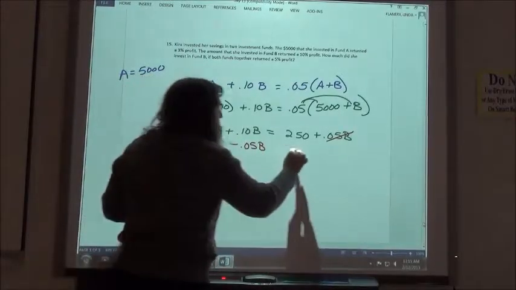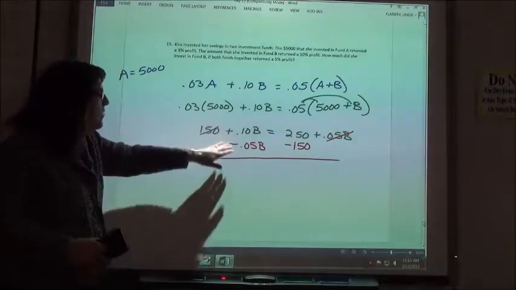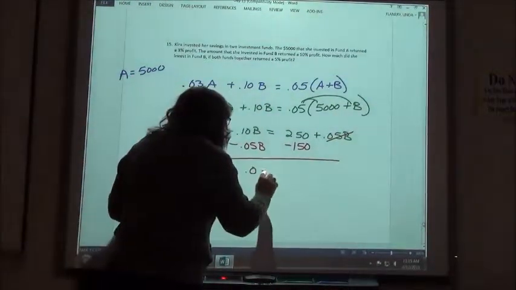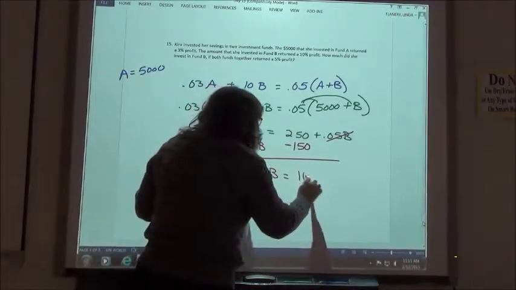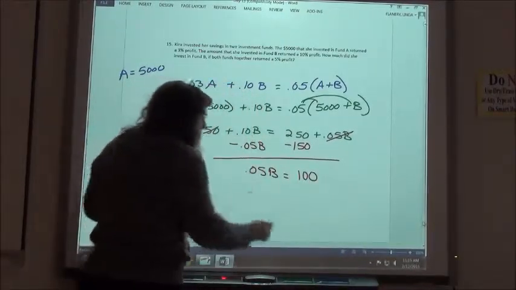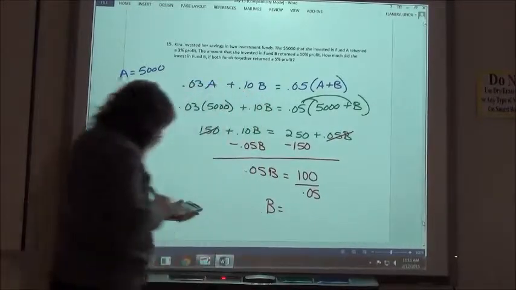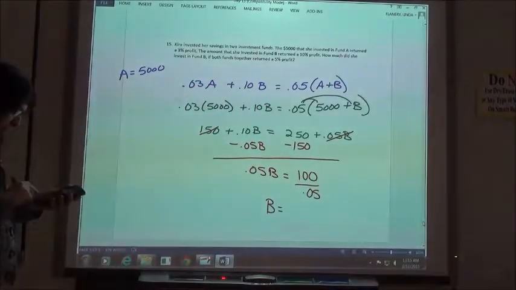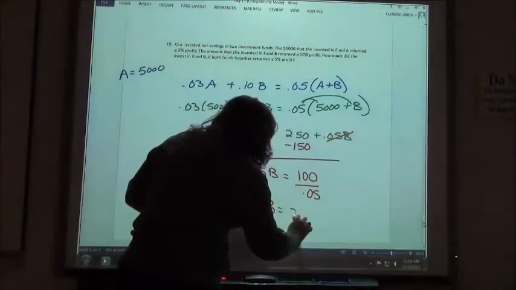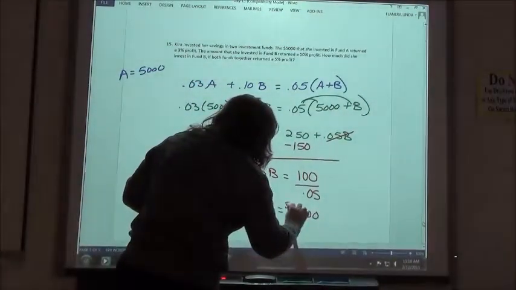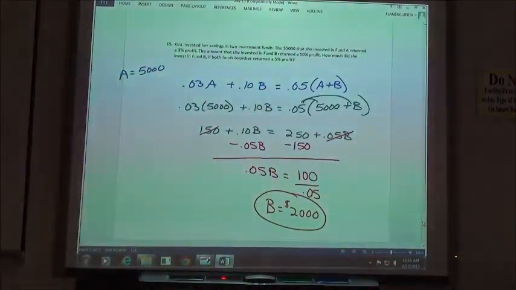We're going to move that over there, so subtract our 150. 10% minus 5% is 5% of B. 250 minus 150 is 100. Dividing 100 by 5%. 100 divided by 0.05 gives me $2,000 for how much she invested in Fund B.